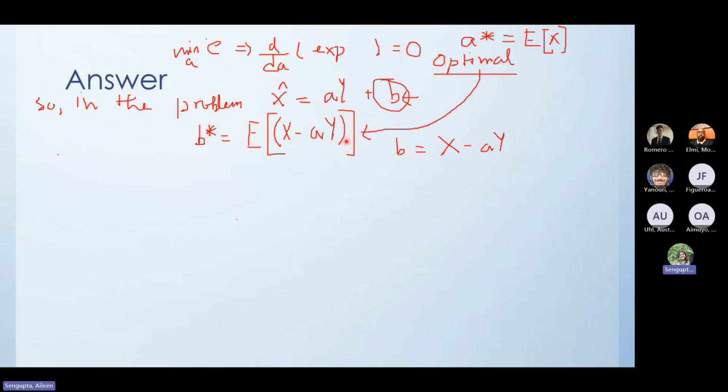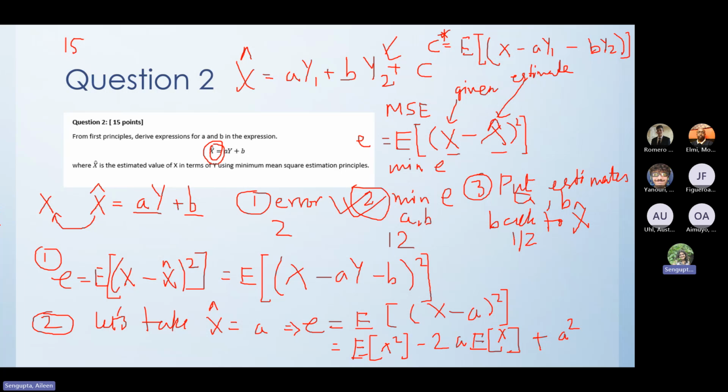Because we have to optimize this X hat as close as possible to this value of X, and we are doing that by varying A and B. We do that by minimizing the error signal with respect to A and B. How do you minimize that? You find the error, differentiate the entire equation, and equate it to 0.